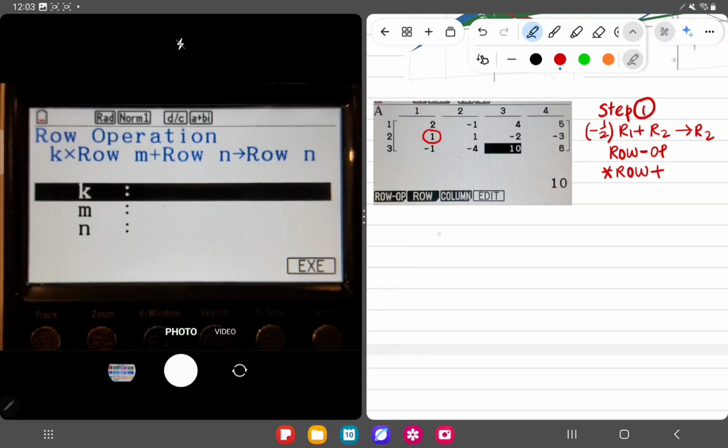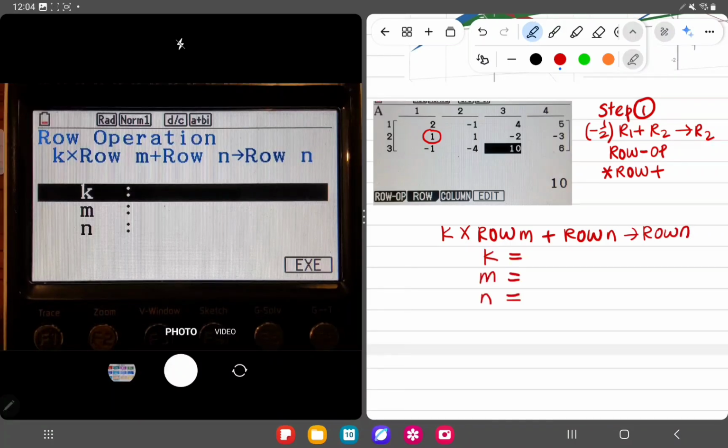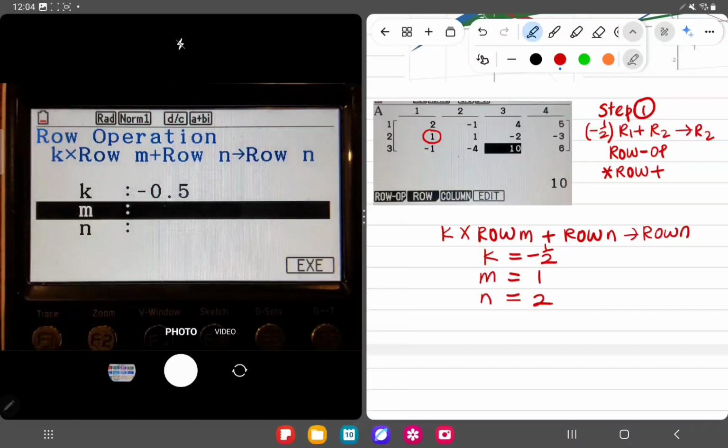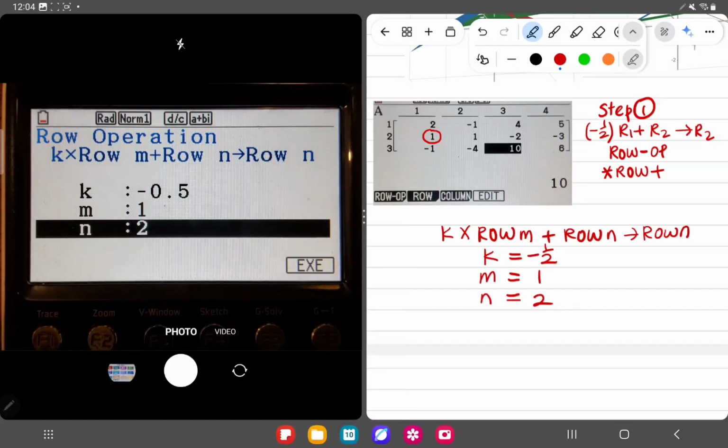On the screen, you will see k times row m plus row n, arrow row n. Enter k as negative 1 over 2, m as 1, and n as 2. Execute.